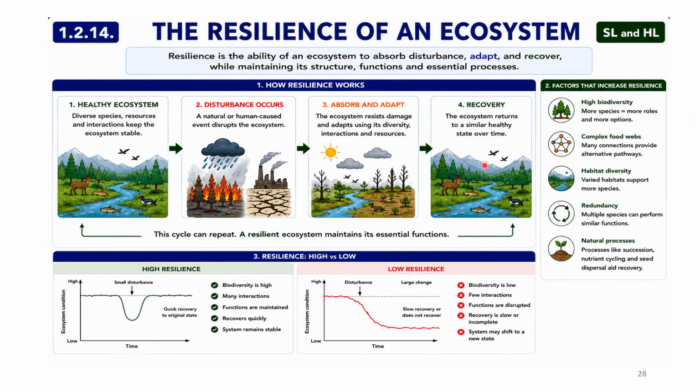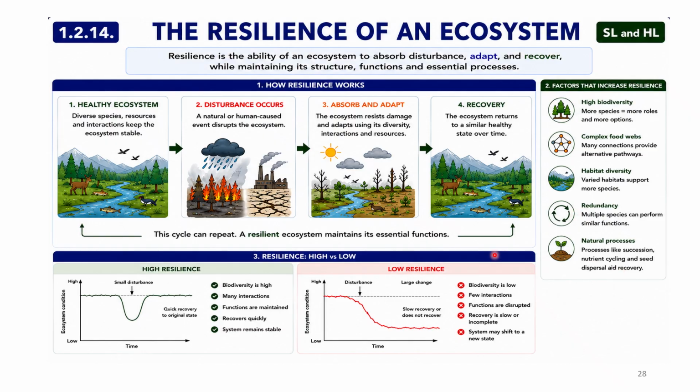Several factors strengthen resilience, including high biodiversity, complex food webs, habitat diversity, functional redundancy, where different species perform similar ecological roles, and natural processes like nutrient cycling and seed dispersal. For example, after a forest fire, seeds stored in the soil and surviving organisms help regenerate the forest.